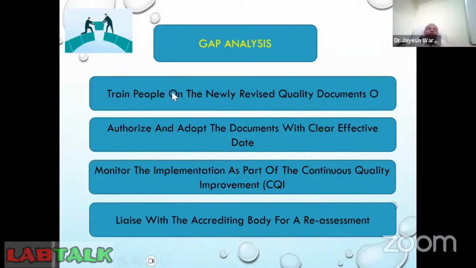Whatever new documents are created, whatever processes are created, modified, or redesigned, you have to train your subordinates and other technical personnel with respect to the newly revised management system documents.